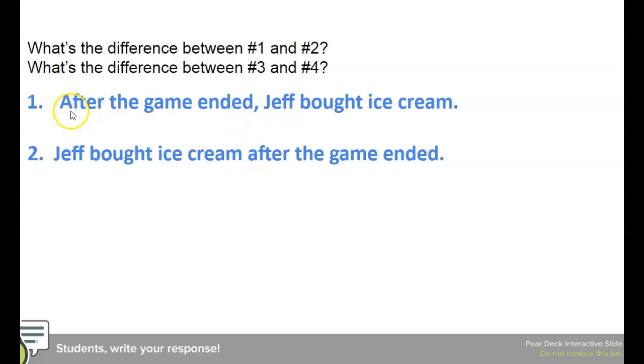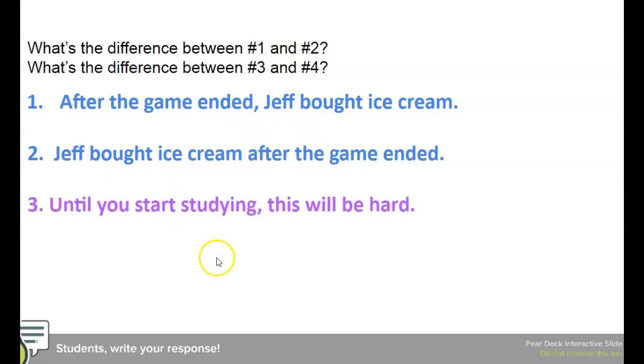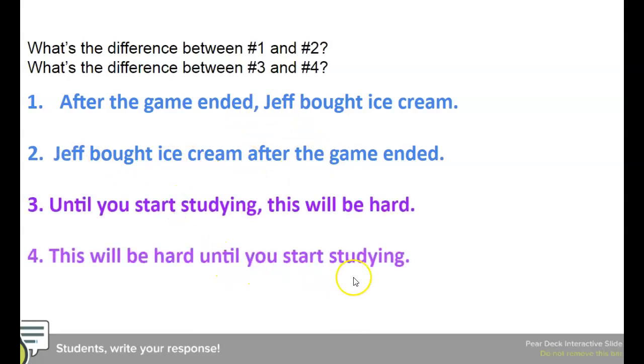But you also should have noticed that after the game ended just moves behind Jeff bought ice cream in this second sentence. It's all the same words, but now they're in a different order. And when I reverse the order, what happens to the comma? It goes away.